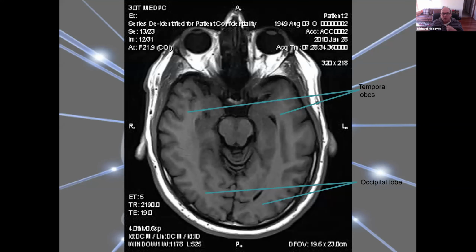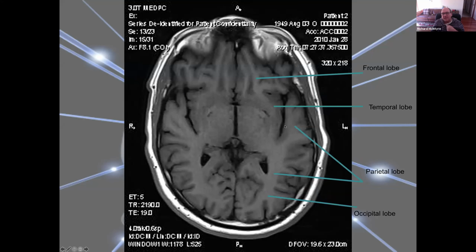Come up a little bit further, we have just the superior portion of the cerebellum, the spinal cord, the mesencephalon, or mesencephalic, temporal lobes, occipital lobes. These are the sort of lobes that you've got to identify.